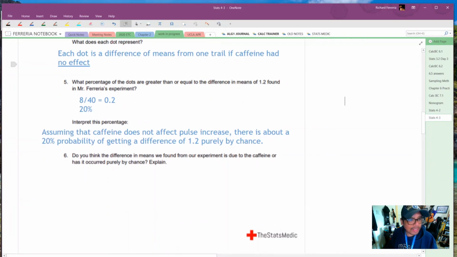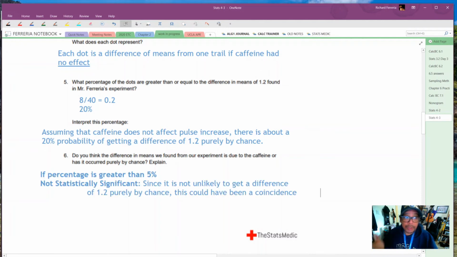So do you think that the difference in means we found in the caffeine has occurred purely by chance? Our percentage is greater than that 5%. So this is what we would call not statistically significant. The probability of obtaining our experimental outcome or something more extreme than our experimental outcome is greater than 5%.